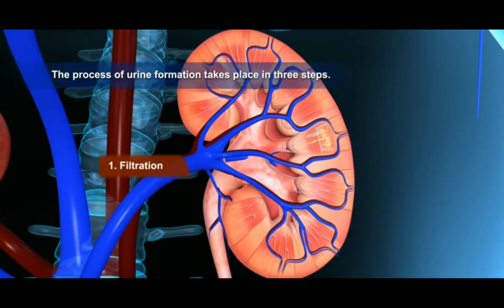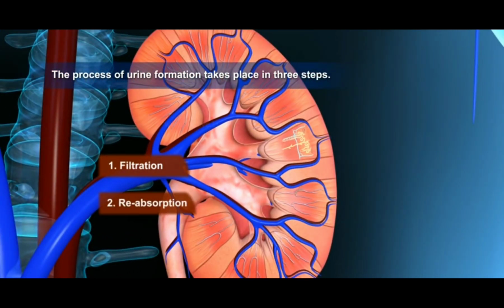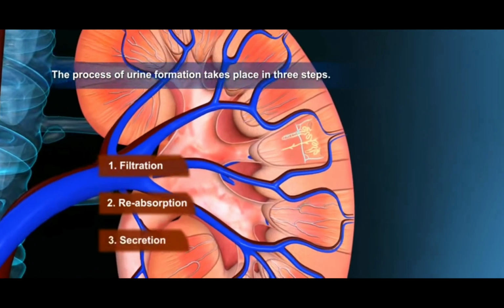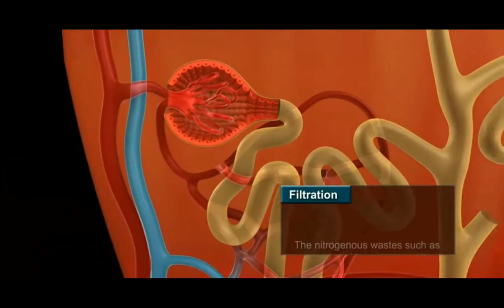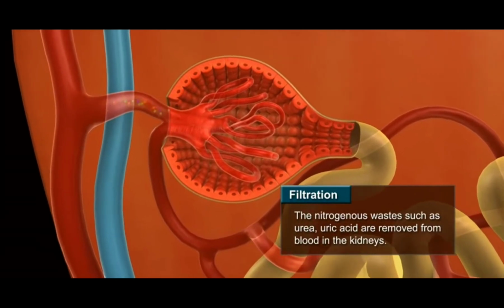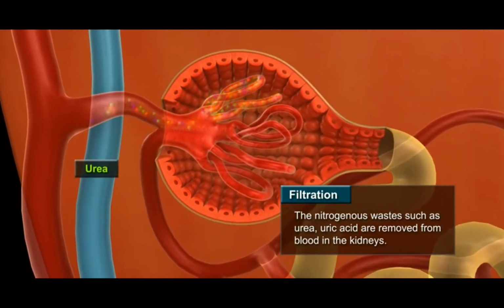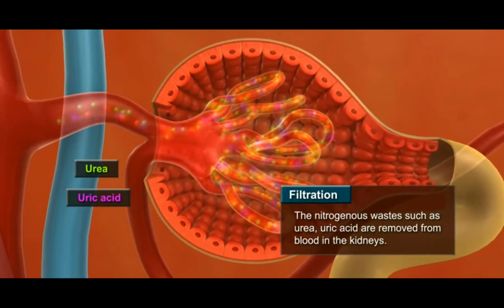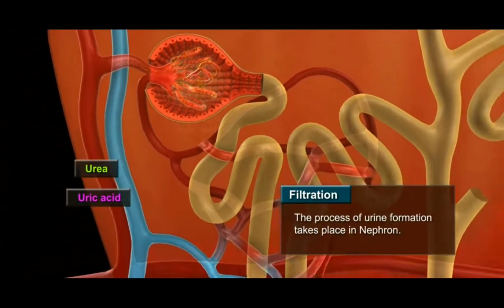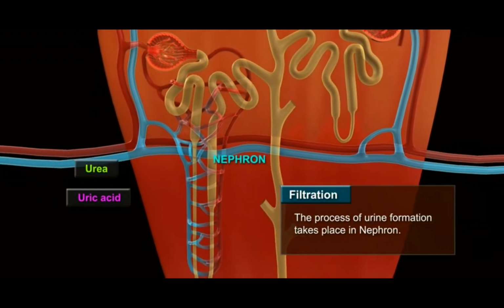1. Filtration. 2. Reabsorption. 3. Secretion. Filtration. The nitrogenous wastes, such as urea and uric acid, are removed from blood in the kidneys. The process of urine formation takes place in the nephron.